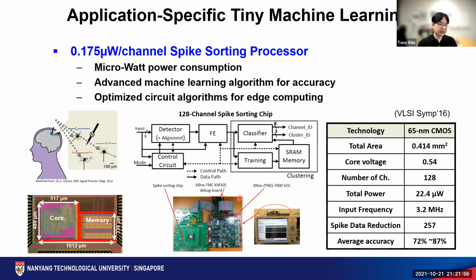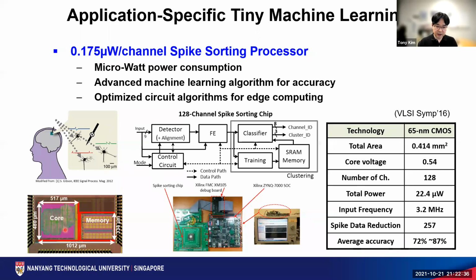So in our group in NTU, we have also developed many different tiny machine learning algorithms implemented in hardware. So I will briefly explain a few examples. This chip is showing a spike sorting processor for processing 128 channels. Those 128 channels are sensing the brain signals, okay, from your skull. And then the brain signal will be processed by this small spike sorting processor.